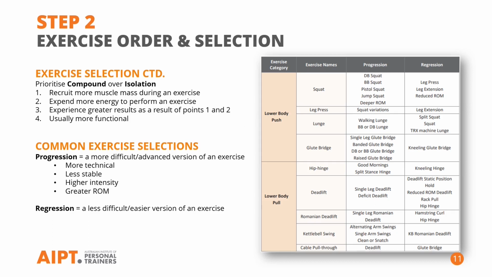So let's have a look at progressions first of all. So in the first column, down the left-hand side here, we've got the primary movement, and they're broken down into different categories such as lower body push or lower body pull movements.